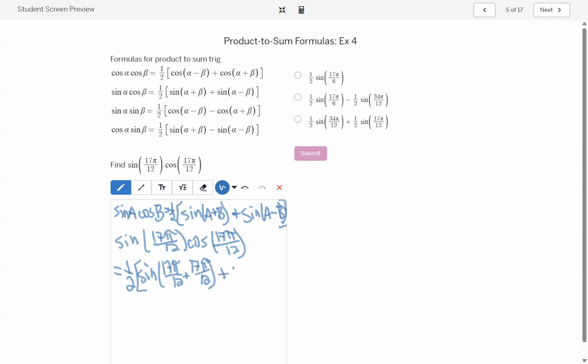Then plus the sine of 17 pi over 12 minus 17 pi over 12.